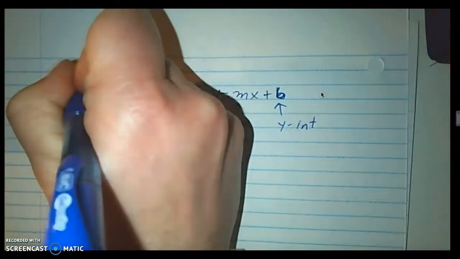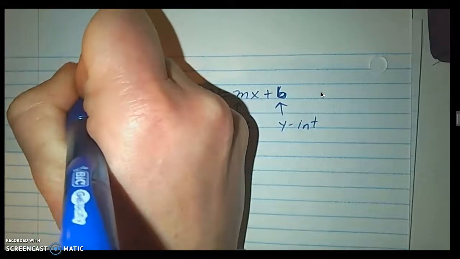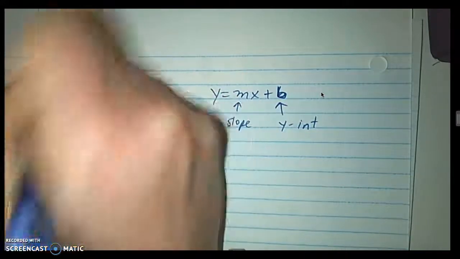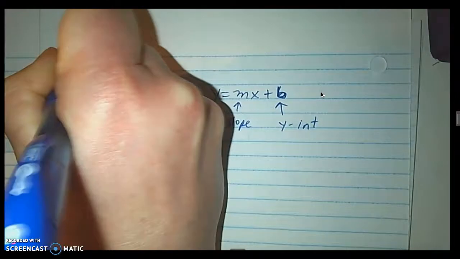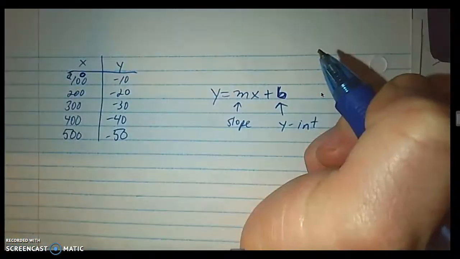So what I see here is this is 100. And the pattern here was that I was just going up by 100 every time. So I could actually go backwards 100, and that would take me to 0. And the pattern here is that I went down by 10 every time.